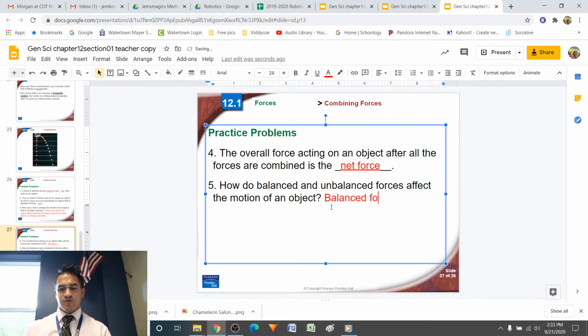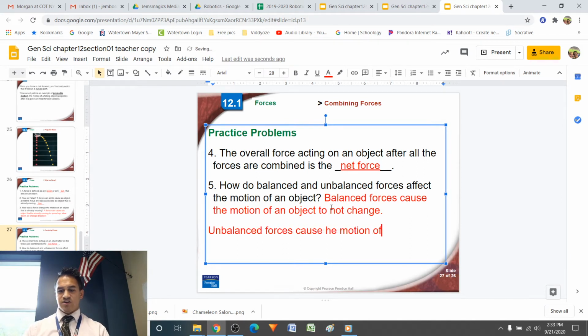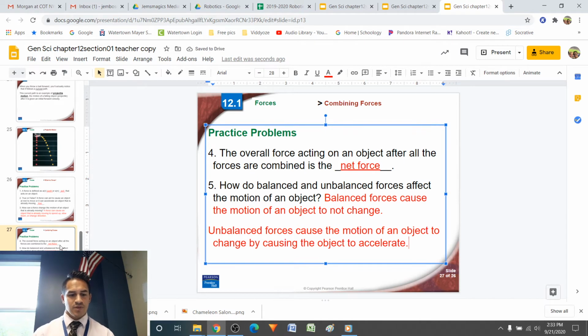So we'll say balanced forces cause the motion of an object to not change. We'll say unbalanced forces cause the motion of an object to change by causing the object to accelerate. Okay, something along those lines.